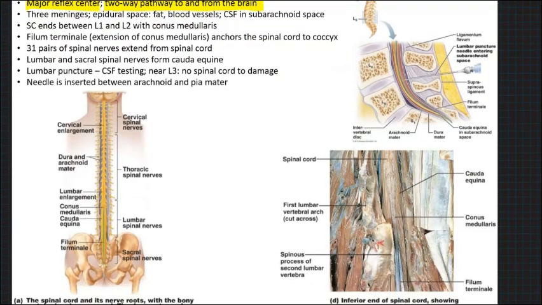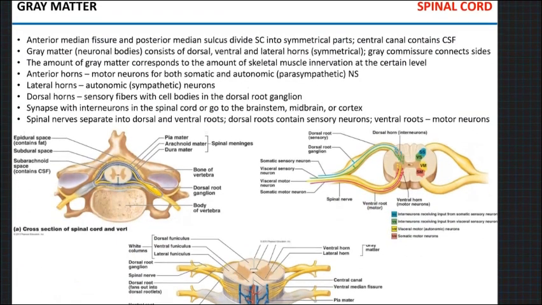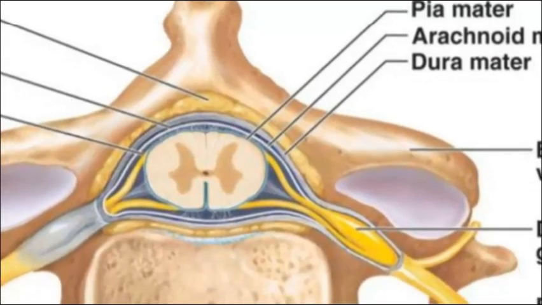So just like the brain, it is surrounded by 3 meninges. But unlike the brain, it has a vast amount of space above the dura mater, which you can see right here.